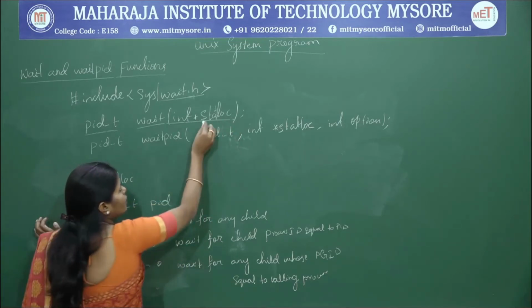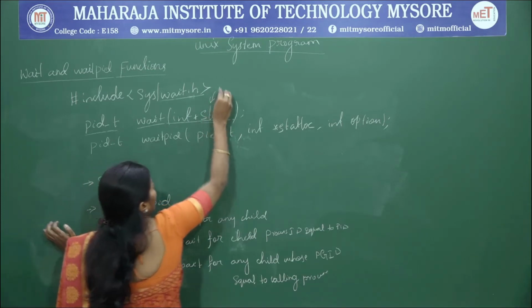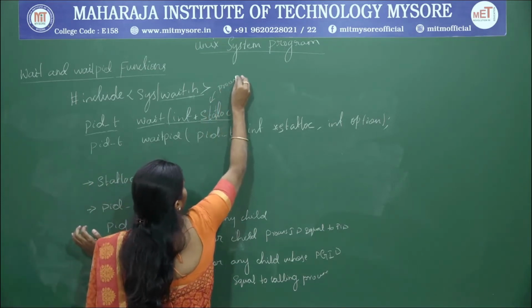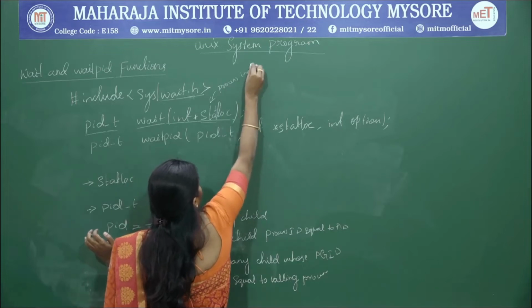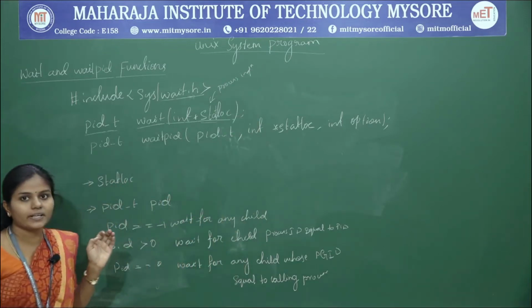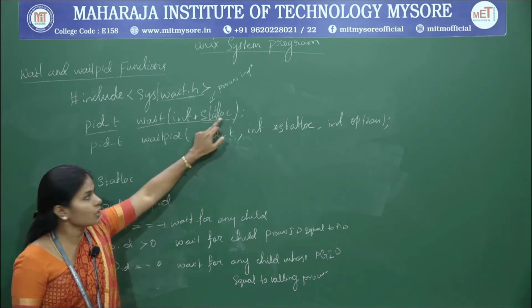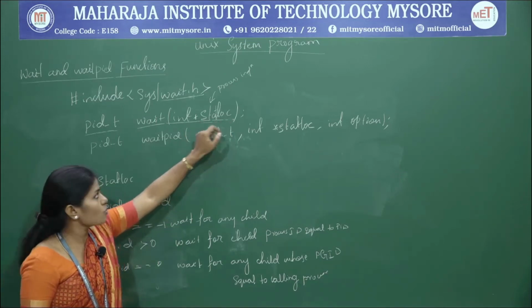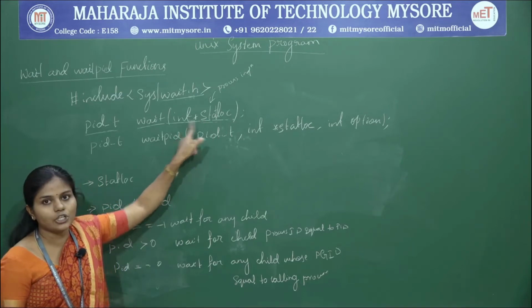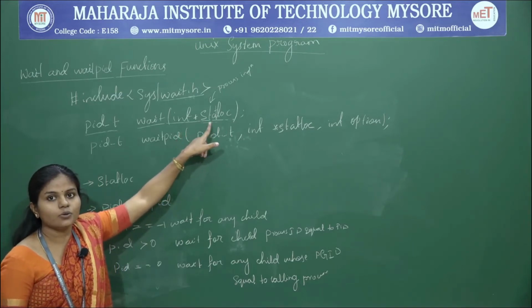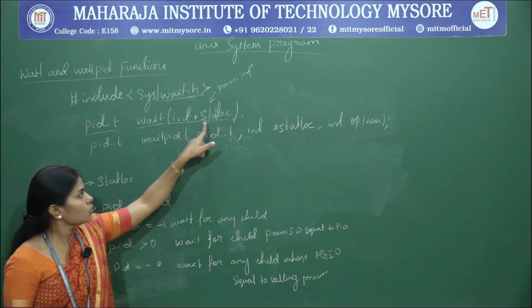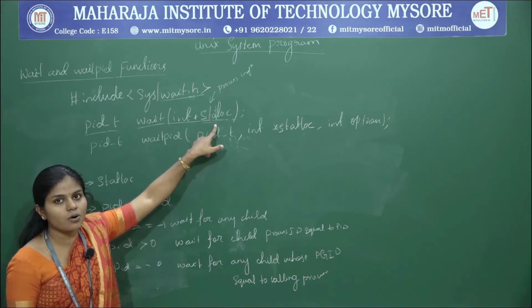We know stat holds the process information, right? All the process information will be stored in one data structure, that is stat, and its location is stat_loc. It is an integer pointer, so here we have to specify the address.